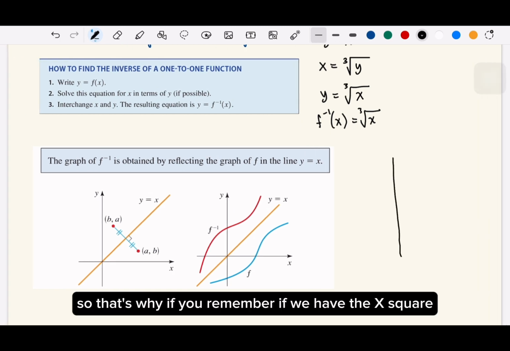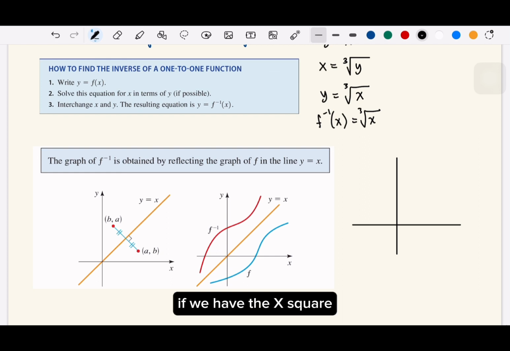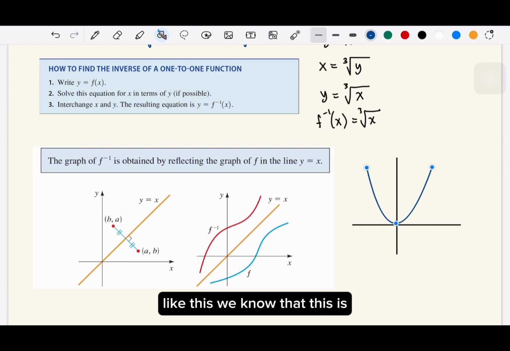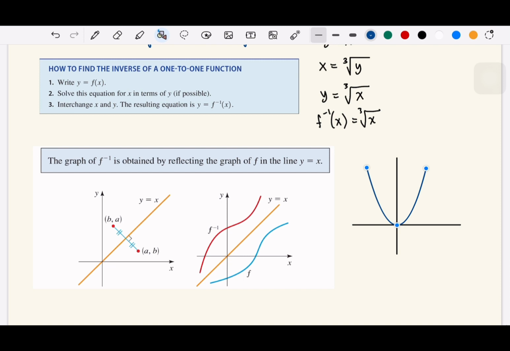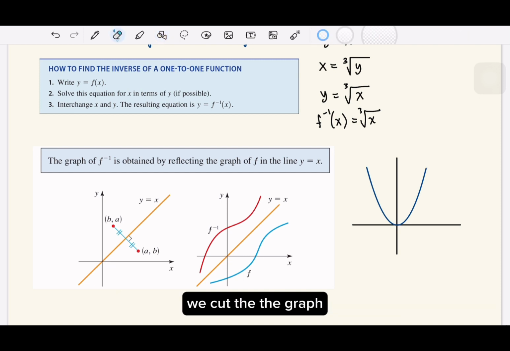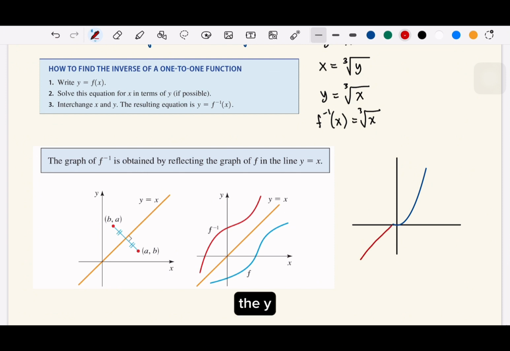So that's why, if you remember, if we have x squared, we know that this is not a one-to-one function, but we can still have an inverse for this. Let's say we cut it in half. We cut the graph, so we are only having this part. Okay, so we draw y equals x.